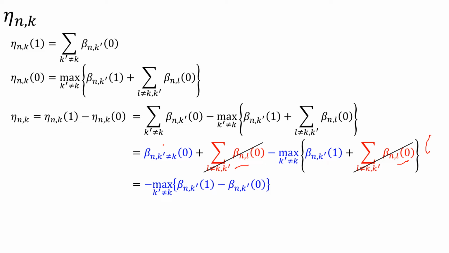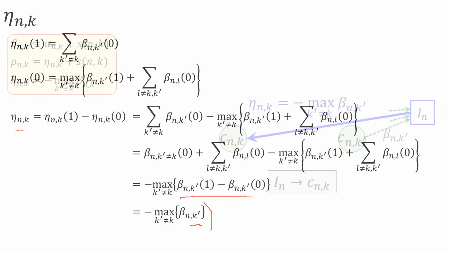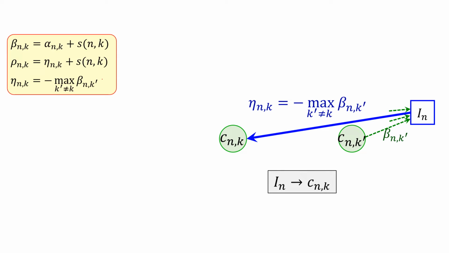Negative max of beta nk prime 1 minus beta nk prime 0, which is equal to, because this by definition is beta nk prime. So this is what I land up with for eta nk. So this is the new expression that we derived.